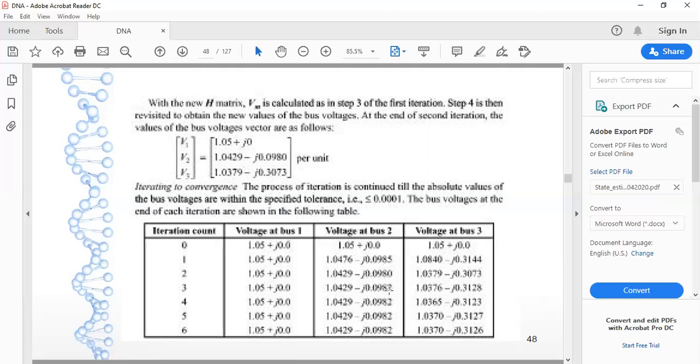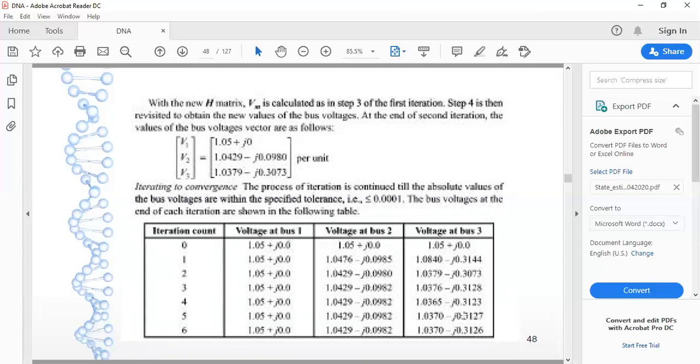After the third iteration, if you read this carefully, the variation is very minor. So in most power calculations or state estimation, the calculation is carried out only up to the third iteration. Or if we want to increase or decrease the iteration count, then we can proceed just like load flow studies by fixing the tolerance limit.